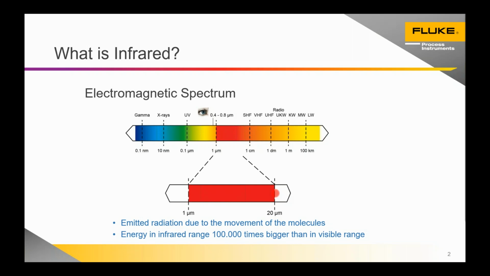But typically for industrial infrared temperature measurement sensors, we class them as nominally 1 micron up to 20. Generally, we stop at about 14 micron. But we go from what we call short wave up to long wave devices.